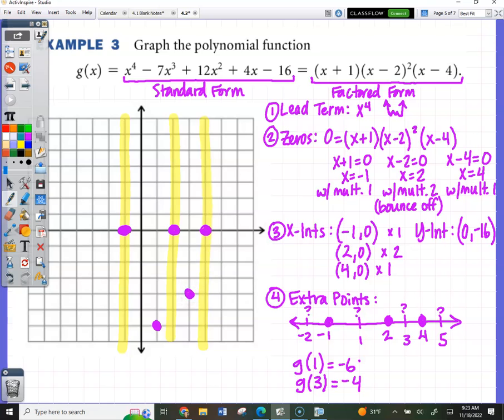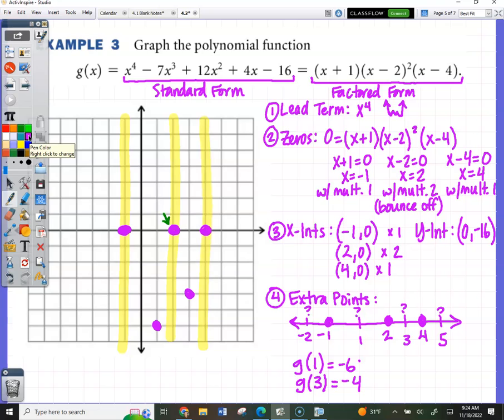The highlight might also help you see what point you have to hit next when you go to draw the curve. Which one had a new multiplicity? 2 had a multiplicity. So right here, you got to be careful. Make a note to yourself, like a heads up, right here, this is going to bounce off.